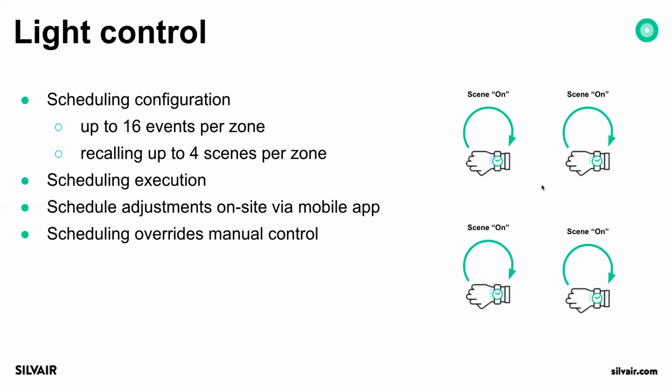So if we have a manual control and scheduling in the same zone, and we use for example a wall switch to override the current lighting control, when the scheduling event comes, it will override the manual control. And this is something that we would like to improve during the next developments, improvements in the node scheduling.